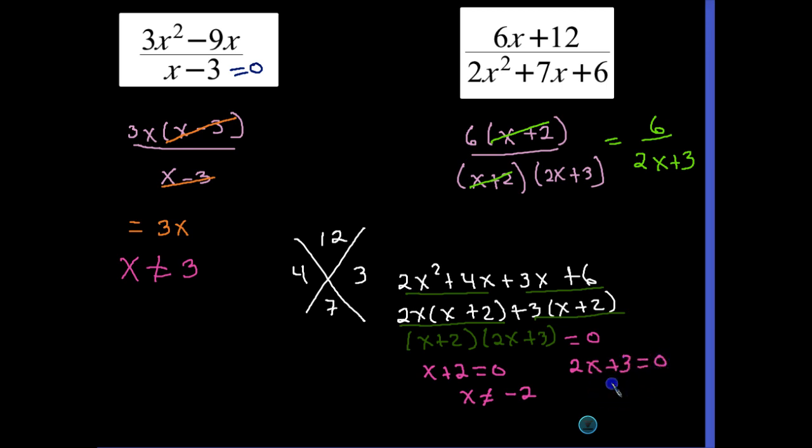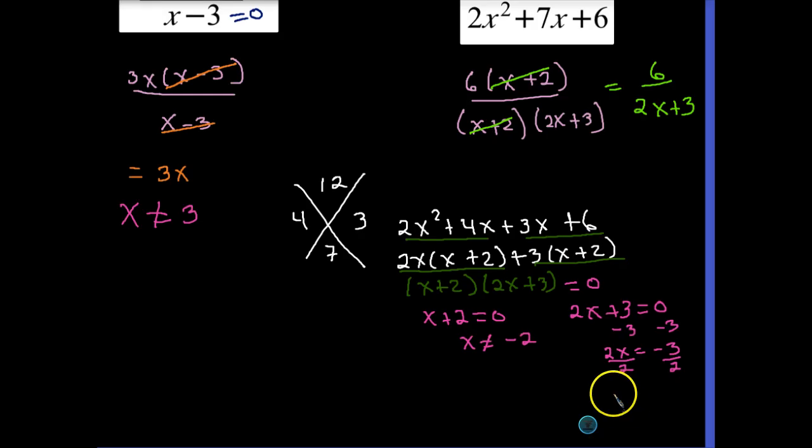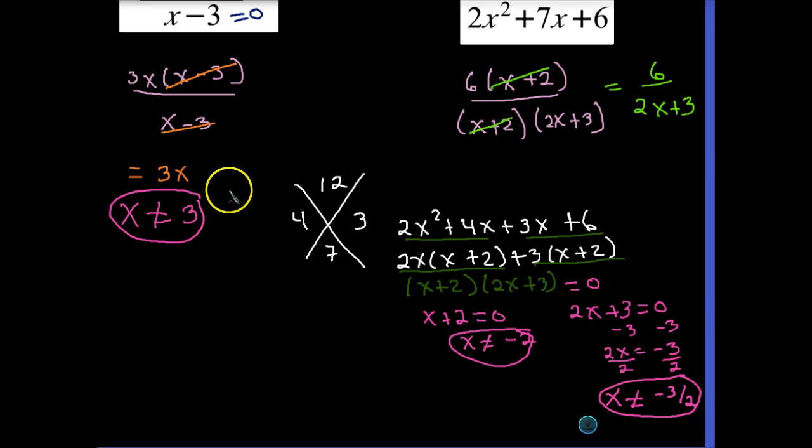If we set that equal to 0, we would subtract 3 from both sides and get 2x equals negative 3. We would divide both sides by 2, and then we would find out that x cannot equal negative 3 halves. So in pink here, these are our domains. In this second problem, x cannot equal negative 2 or negative 3 halves. And in our first problem here, x cannot equal 3.